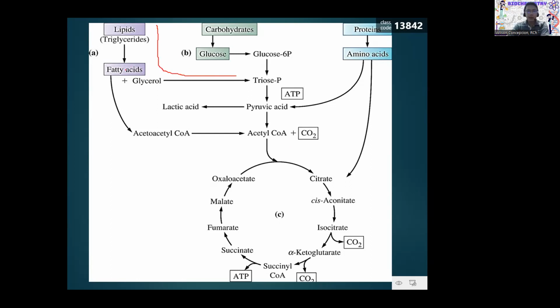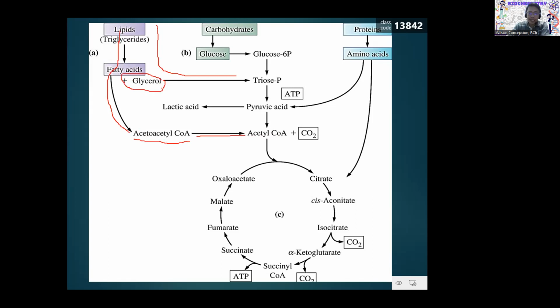Our lipids will be broken down into two: fatty acid and glycerol. That fatty acid does not become acetyl-CoA directly. It first becomes aceto-acetyl-CoA, then acetyl-CoA.